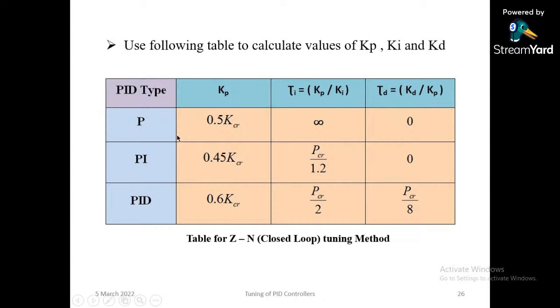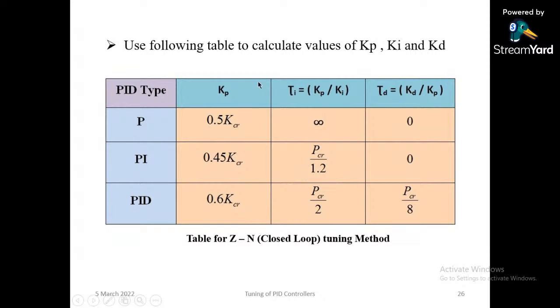Now, if you are using only a proportional controller and you want the value of Kp, then जे KCR आता तुम्ही कॅल्क्युलेट केला होता, just multiply it by 0.5, you will get the exact value of Kp. Okay, and if you are using a PI controller, use these values. The value of Kp will be 0.45 times KCR, and the value of tau I will be PCR divided by 1.2.